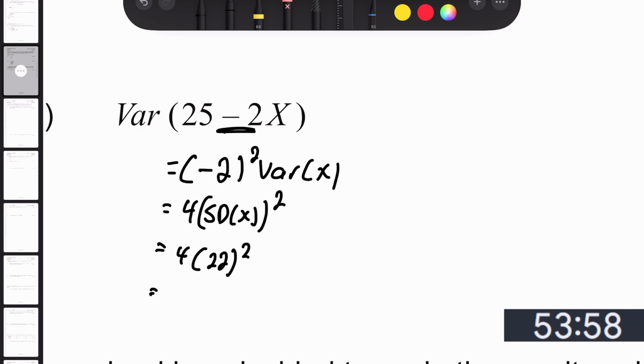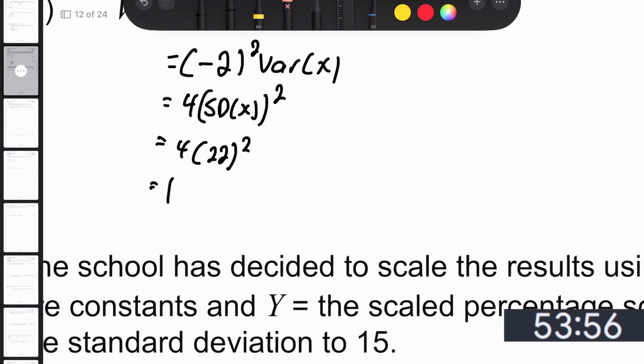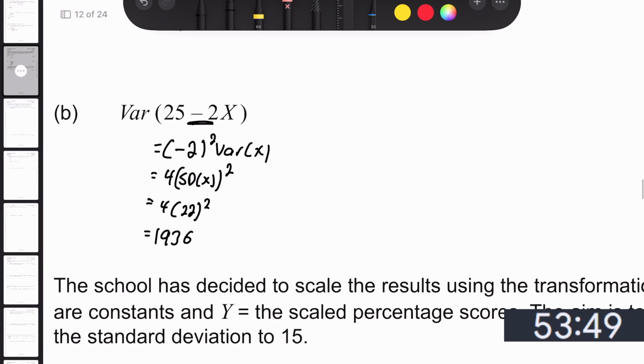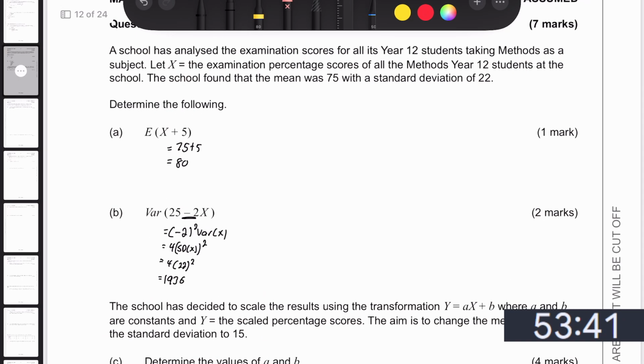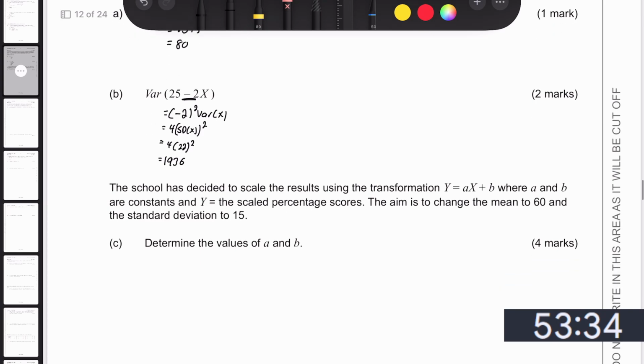And that's going to give me on my calculator 1936. Your exam should not have a variance of 1936, but that's alright. Anyways, double check everything, because variance is standard deviation squared. Yep, seems all good.